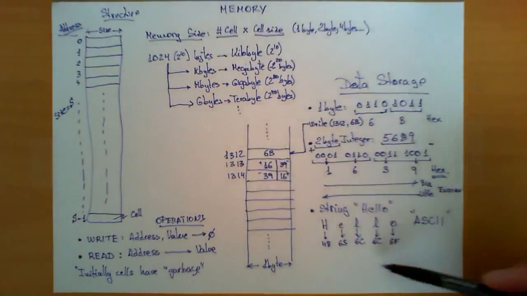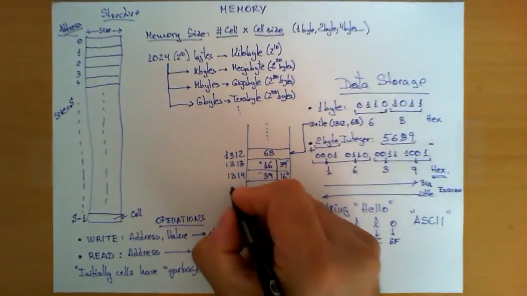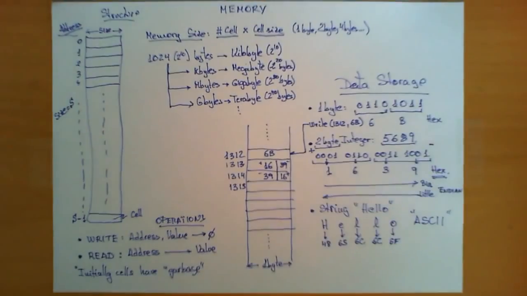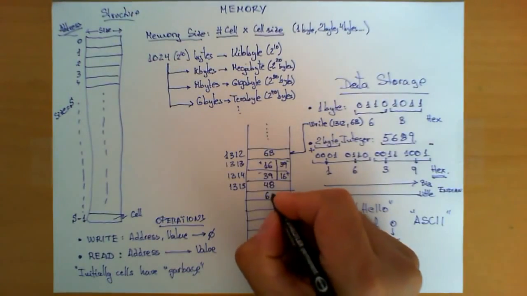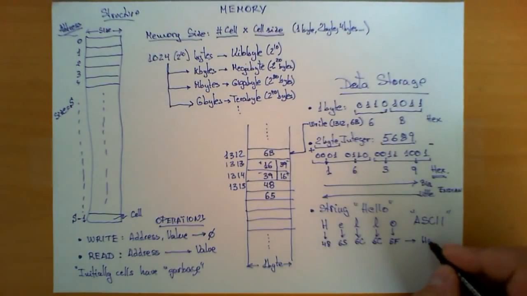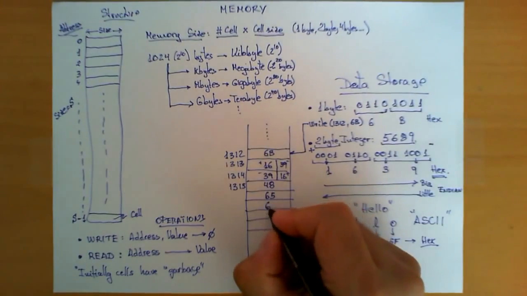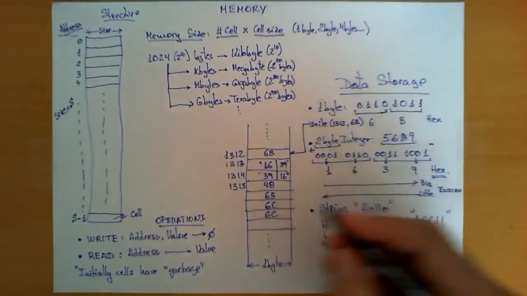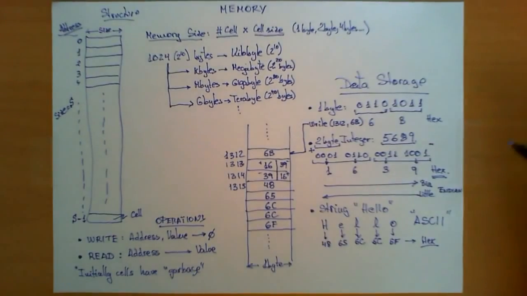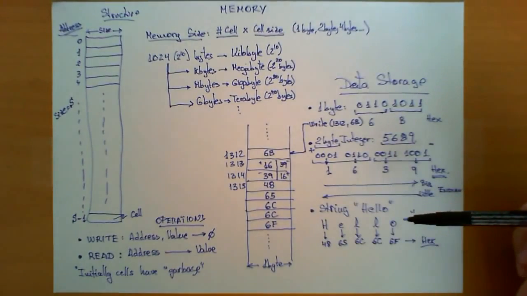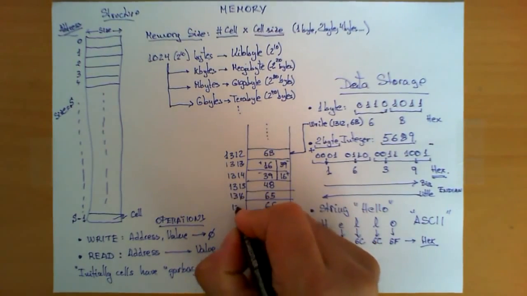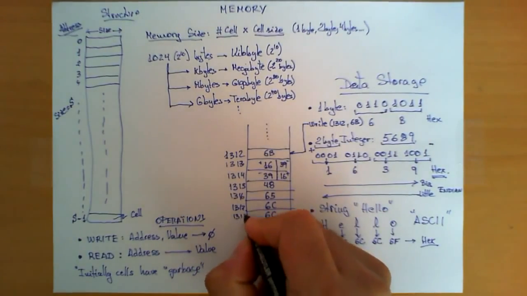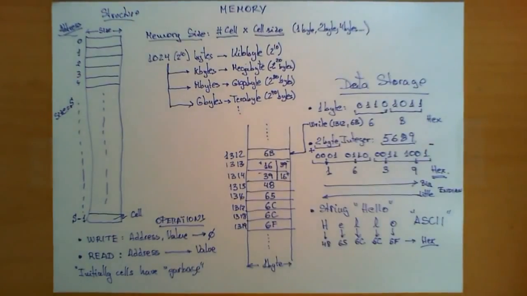Now, how do I manage to store this information in memory? Again, if I choose to store it in position 1315, then I would store the following bytes: 48, 65, remember though that all these are hexadecimal representations, 6C, 6C, and 6F. Now the conclusion here is that the string made out of 5 letters will occupy all 5 cells from address 1315 to 1316, 1317, 1318, 1319.